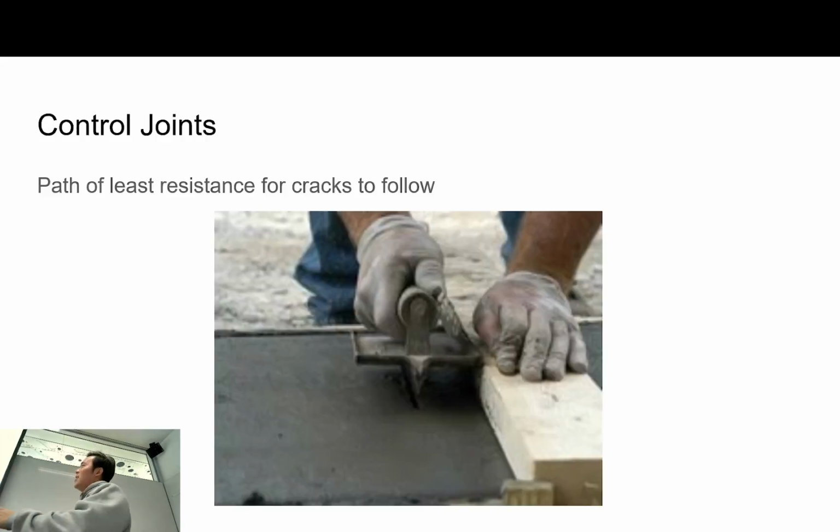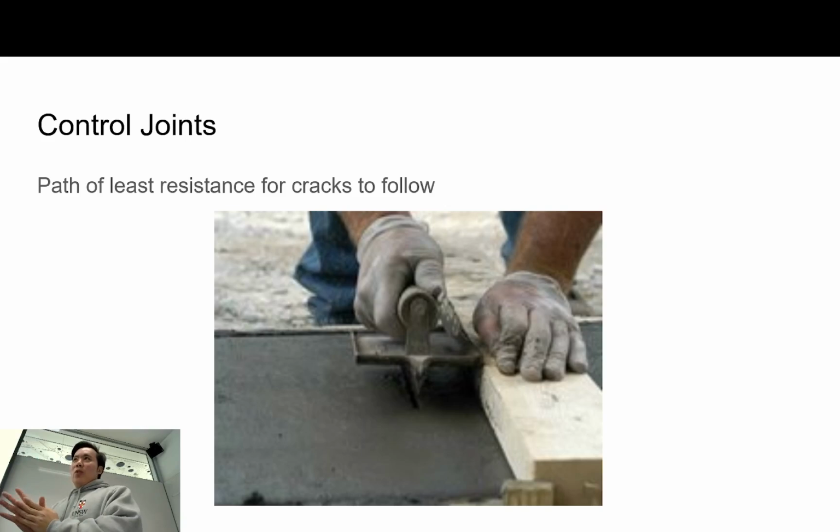After floating, you also need to put some control joints in, okay? So concrete will crack no matter what you do, okay? What these control joints, or dummy joints, do is allow it to crack in a controlled manner. We want it to crack in certain places so that it doesn't look visible on the surface.